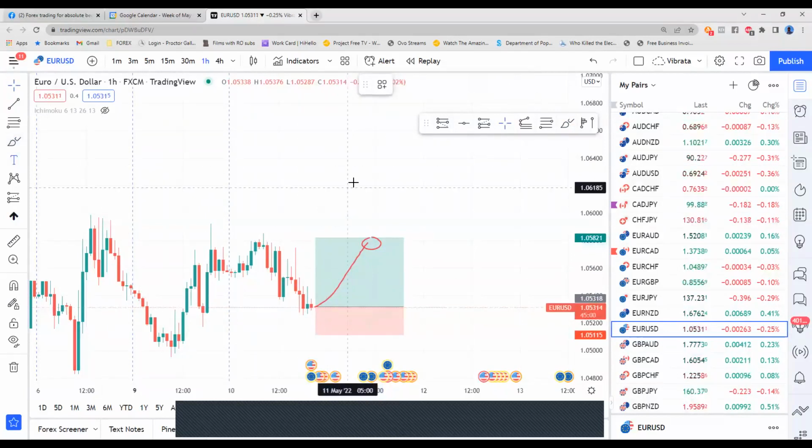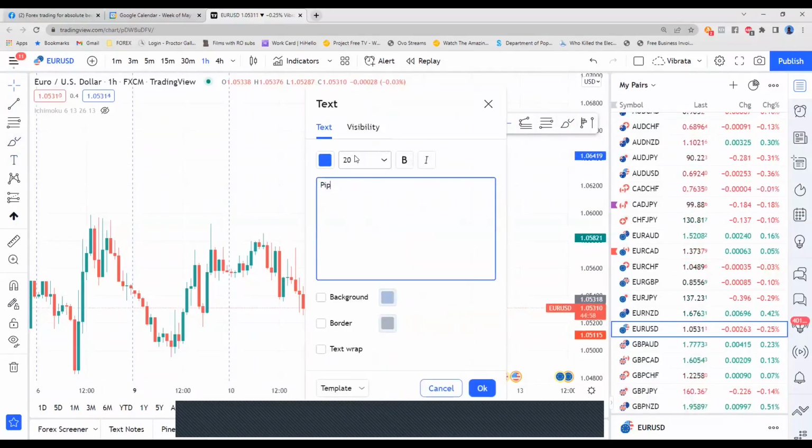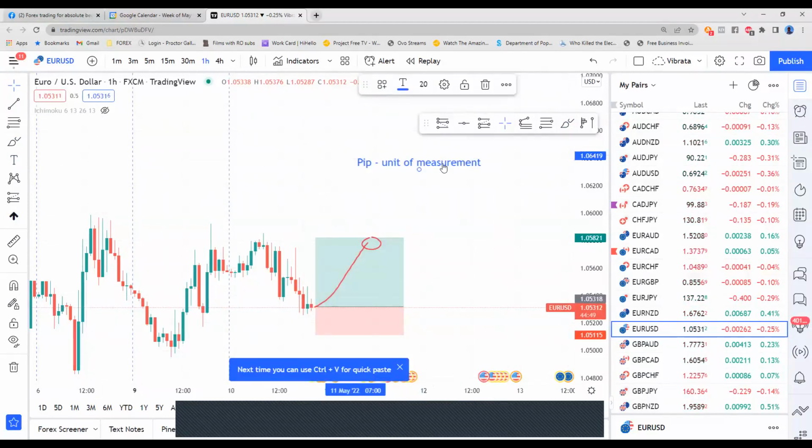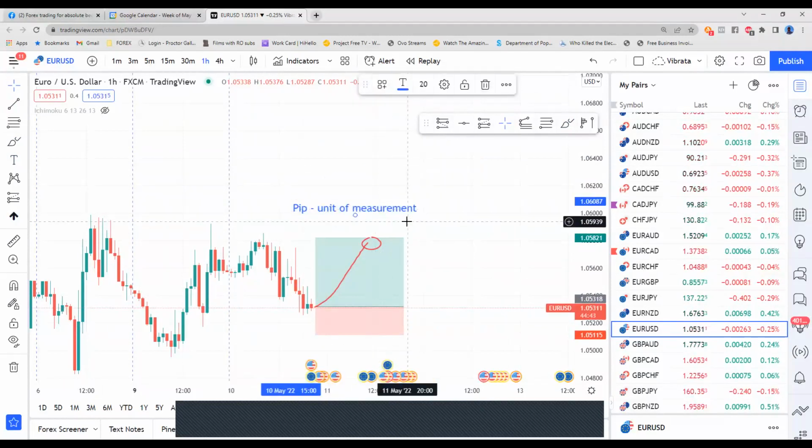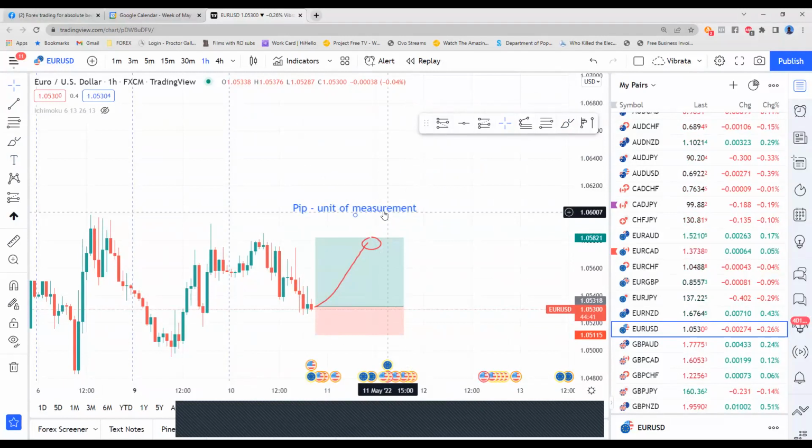Remember that a pip is a unit of measurement. In trading, we always talk about pips. The expression in trading is to catch pips. In fact, my trading team is called the pip catchers. We catch pips. So a pip is a unit of measurement.